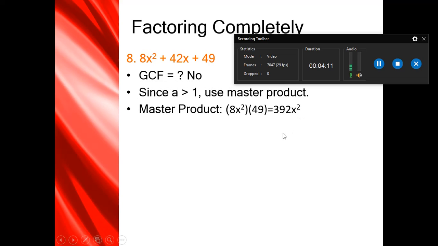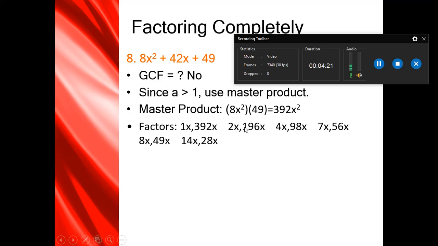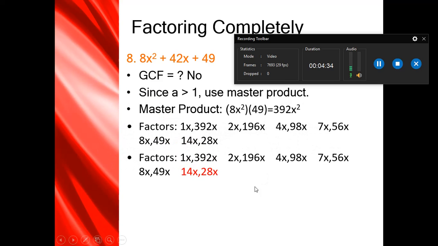That is quite large. It's likely we'll have a large set of factors. So if we start to list our factors with 1 and 392, and we're going to try to find all possibilities, I know that my sum has to be positive 42x. That tells me all my factors are positive. And as you go through, I can see that the last set, 14x and 28x, does add to 42. So now I'm going to write that as a sum of 4 terms.